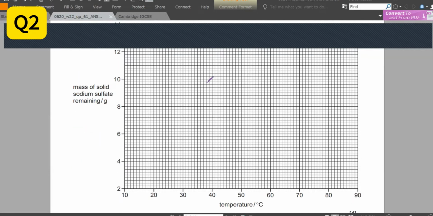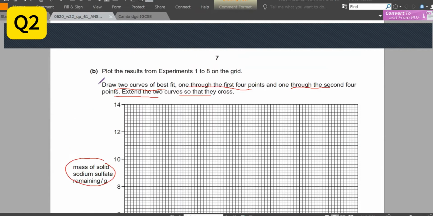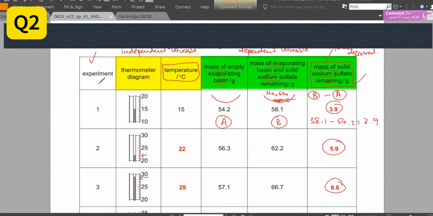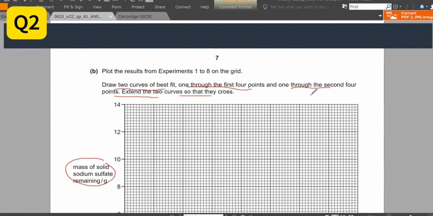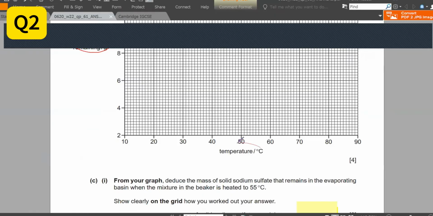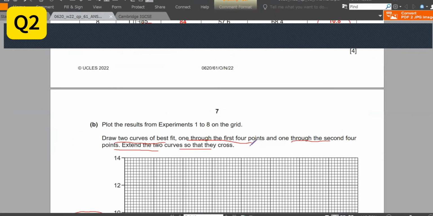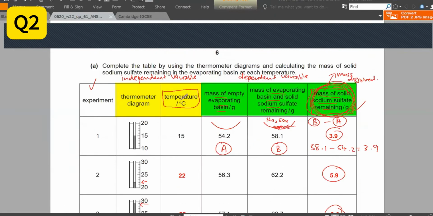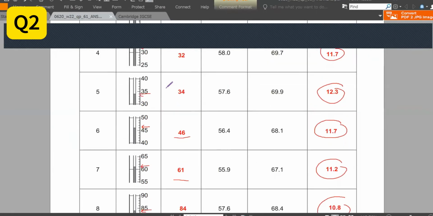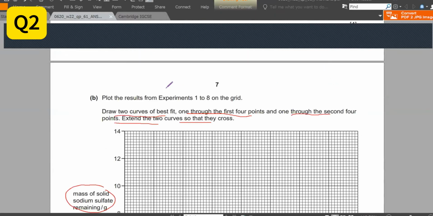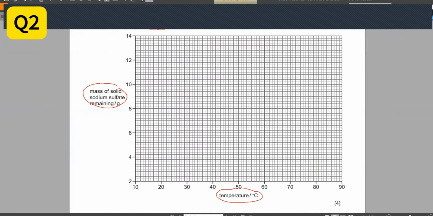So we have mass of sodium sulfate remaining, which is this column here. So we should plot this column, which is the dependent variable. And for the temperature, we should plot this column here, which is the independent variable. So we will plot one by one. We will do that quickly.